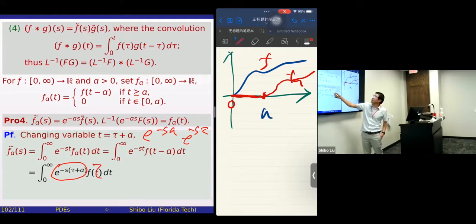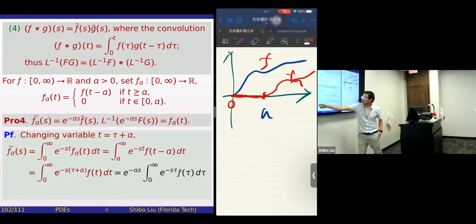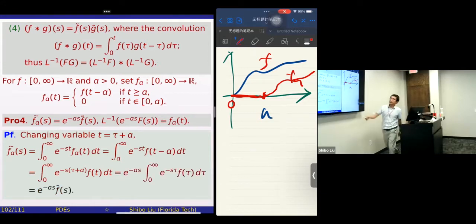But this e to the minus s a has nothing to do with the integrating variable. It can move out of the integration. So we get e to the minus s a, then the remaining e to the minus s tau, f of tau, d tau. But this is just the Laplace transform of f at s. So this proved our first equality. Very easy, just a simple change of variable.